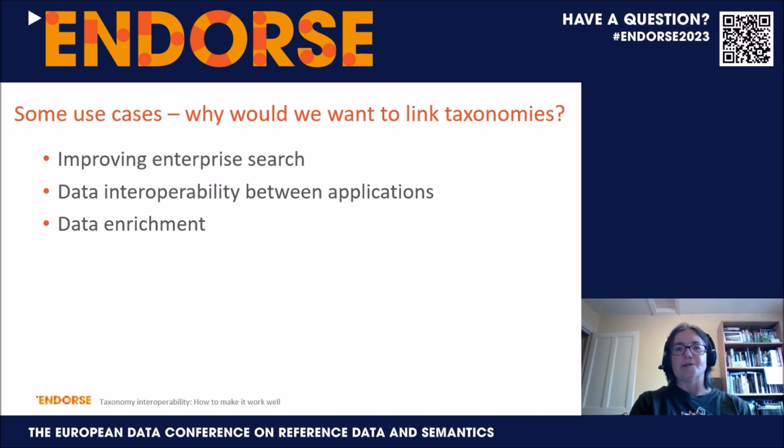The final key use case that I'd really like to highlight is around data enrichment. I've had a good example of this. I was working on a project where we were taking a structured feed of quite raw data from an external source that we were paying for, but we wanted to enrich it with our own tags because we had curated taxonomies, done according to user and business needs, and had really good information.